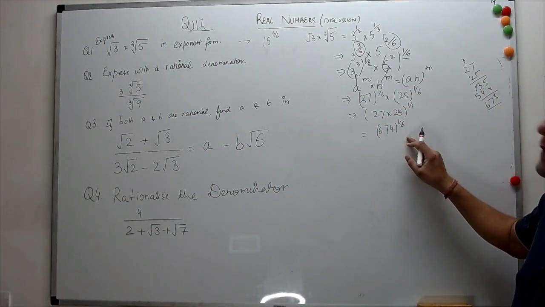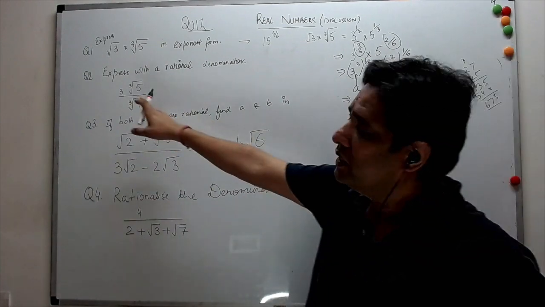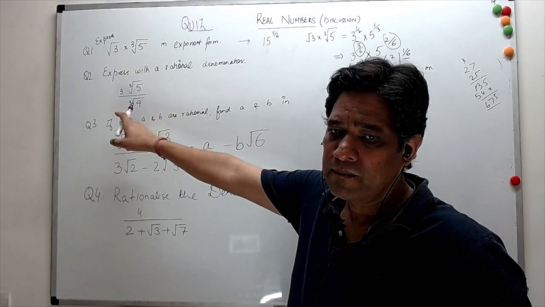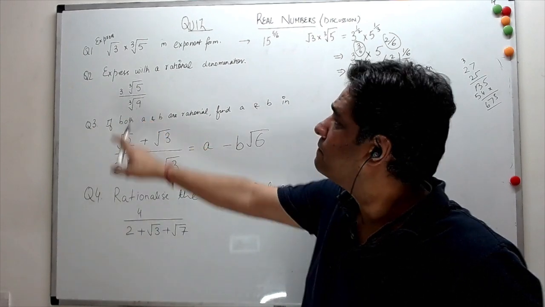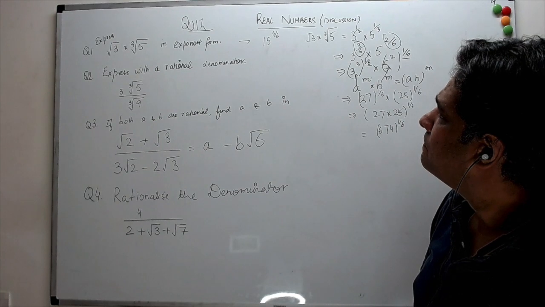So just like that, we can rationalize the denominators of both the numbers. Like you mean in this case? Yes, sir. It was root 3 into the third root of 5.